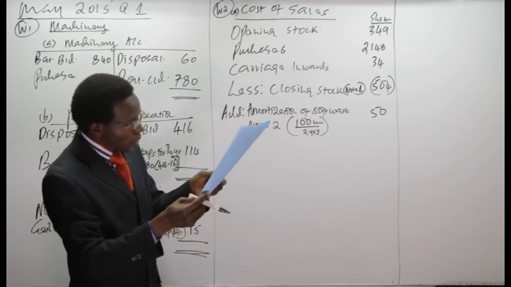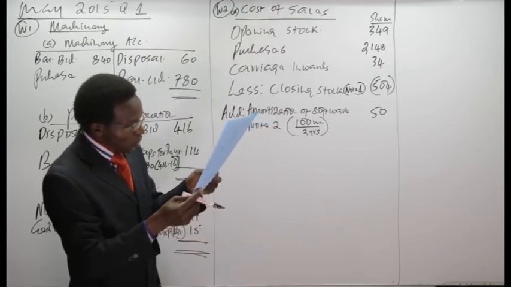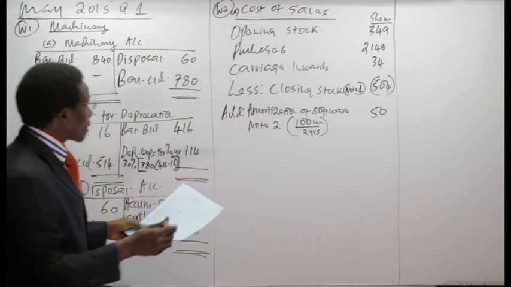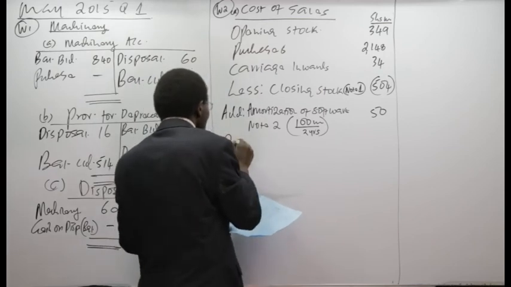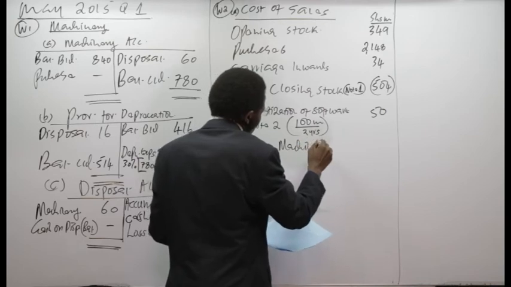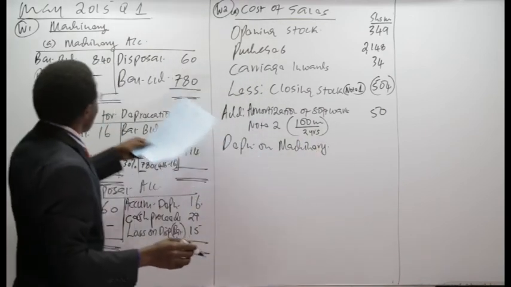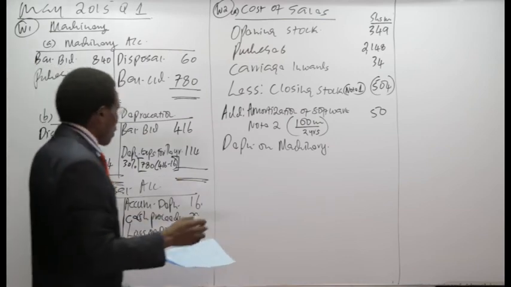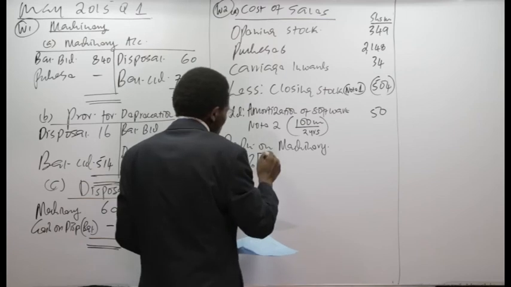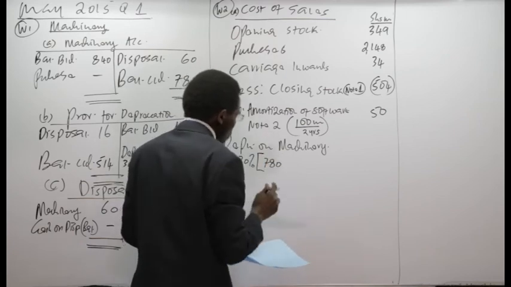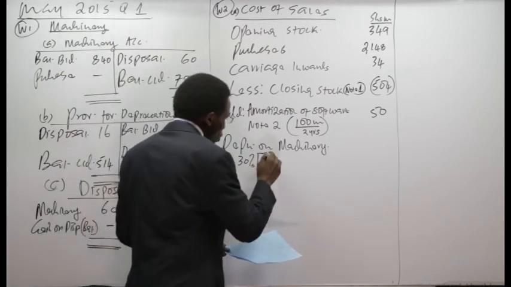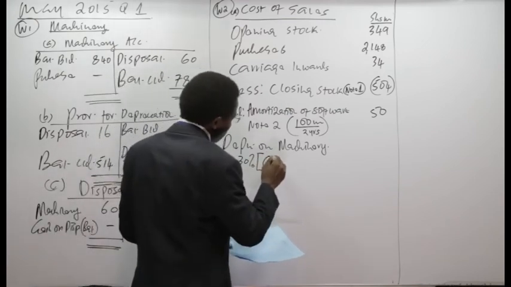Friends, I'll look at note number 5. Note number 4, sorry. Note number 4, we had done some working here. So we know that there is a depreciation on machinery. We could have just worked it here. We could not have done what we did here. Remember, I could have just come 30%, 780, or rather, before I even start with 780, I just say in small brackets is 840.